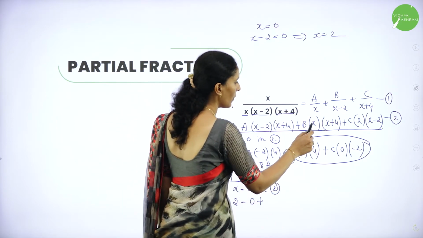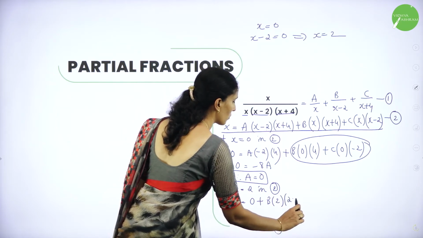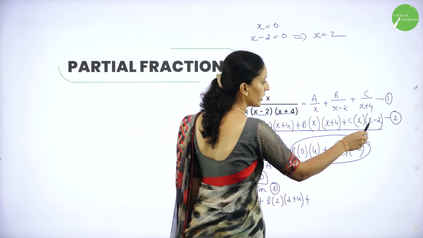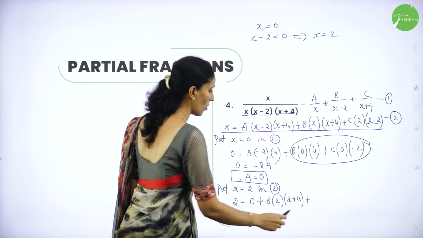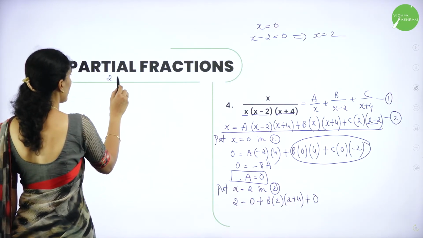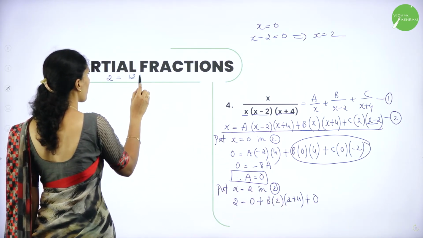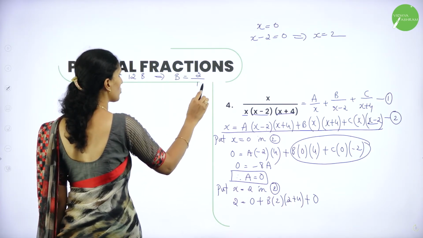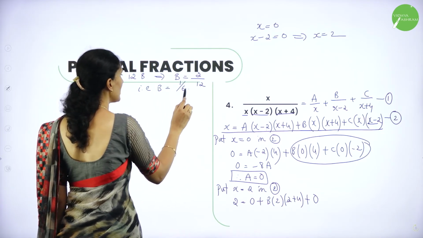Next, here you have 2 into B, 2 into 2 plus 4, plus C, if you put 2 here, 2 minus 2 becomes 0. So 0 into C into x is also 0. So you are left with 2 is equal to 6 into 2, 12B. So this implies B is equal to 2 by 12. So that is B is equal to 1 divided by 6.